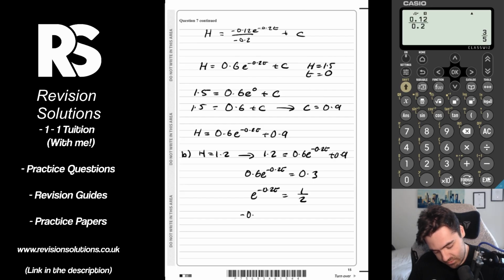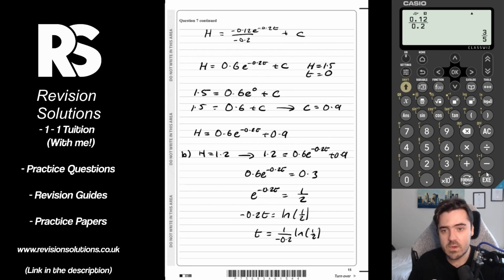So minus 0.2t would be log base e, or natural log, of a half. So the first value for t, not a final answer, sorry, would be 1 over minus 0.2 natural log of a half, which we run through the calculator.